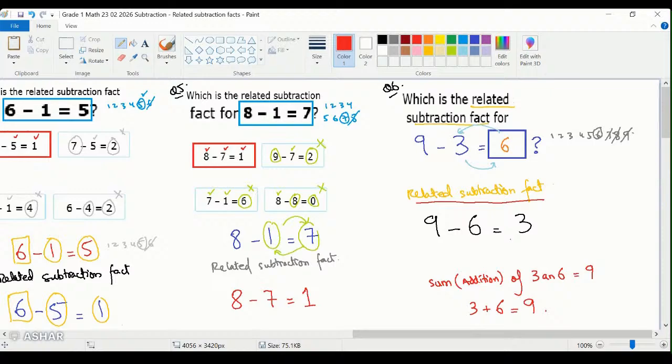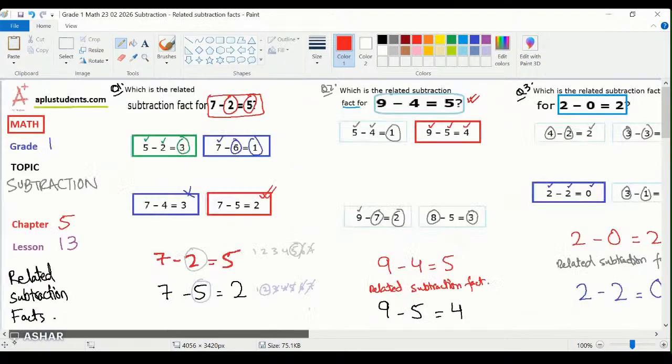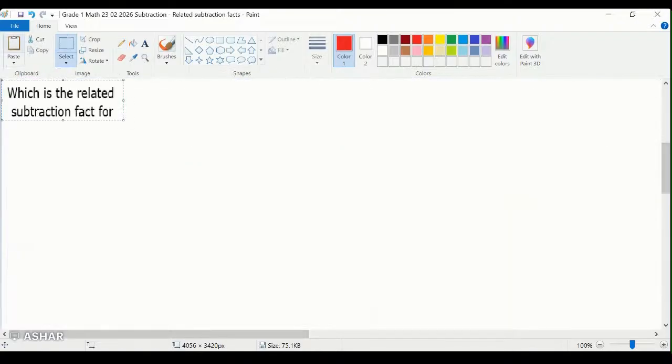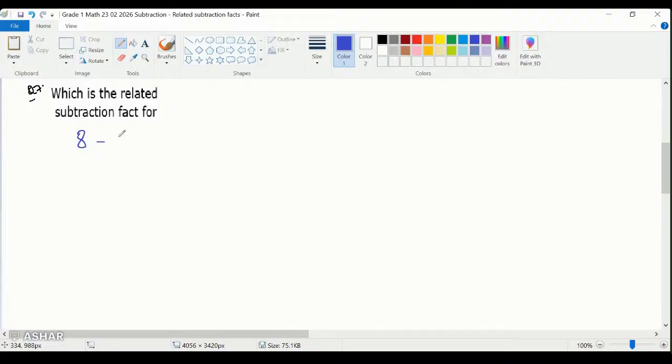Let's have a look at one more question. Which is the related subtraction fact? Question number 7. 8 minus 5 would be equal to something, and the answer is not given to us.